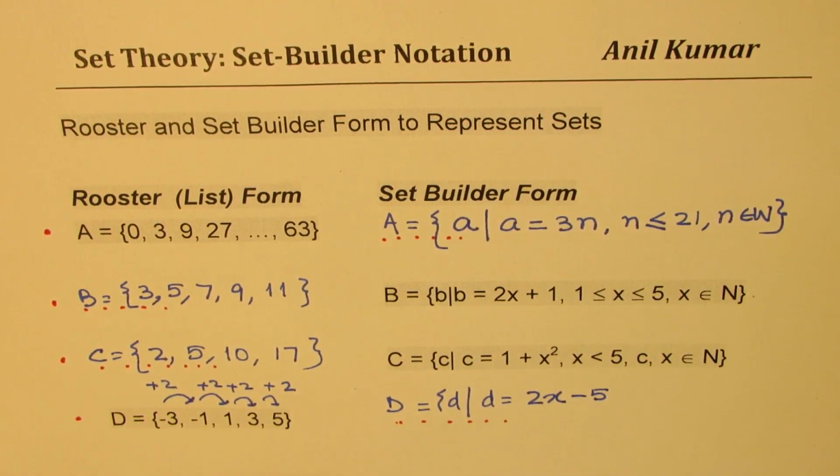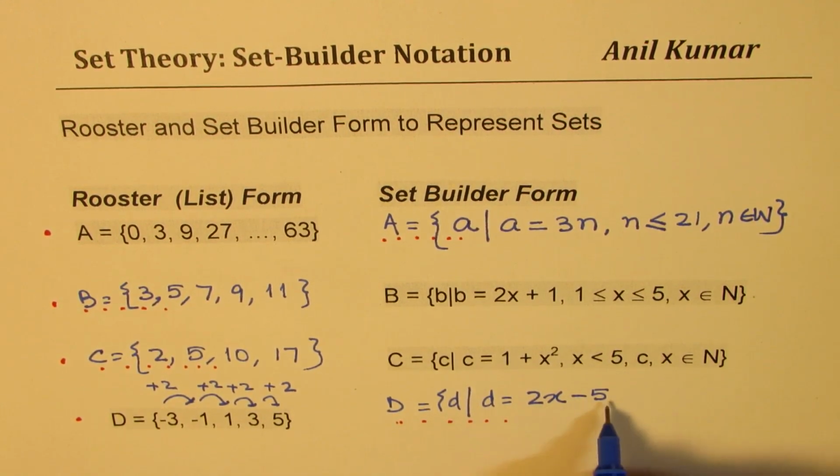Now let me check. If I put x as 2, I get 2 times 2 as 4. 4 minus 5 is minus 1. It works. And if I substitute 3 here, 6 minus 5 is plus 1. 4 will give us 8 minus 5 as 3, and 5 will give us 5. So it works. Perfect. So that is how we could define it.